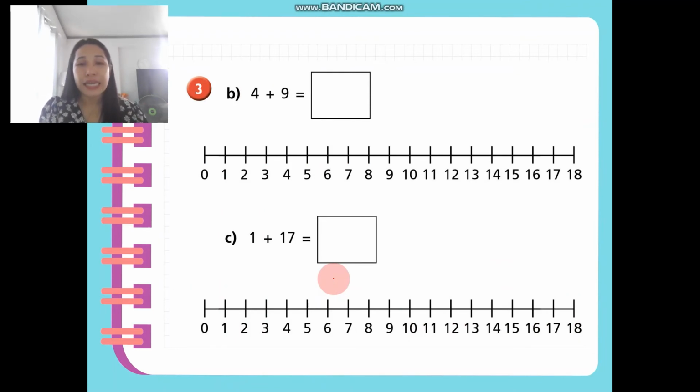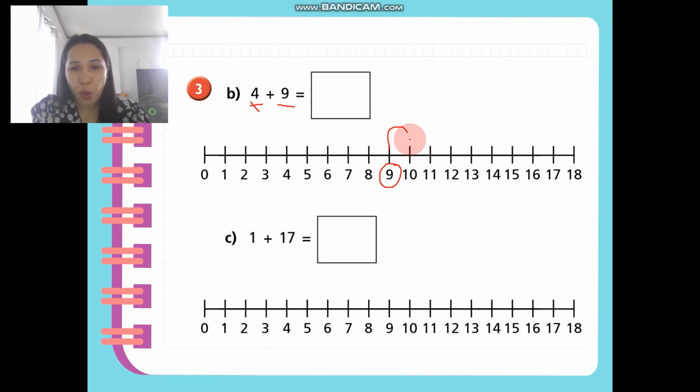4 plus 9 is equal to. You can pause this video and then you can do it by yourself. Okay, so now I'm going to look for the bigger number. The bigger number between 4 and 9 is 9. So I'm going to circle number 9. And then I'm going to jump 4 times.